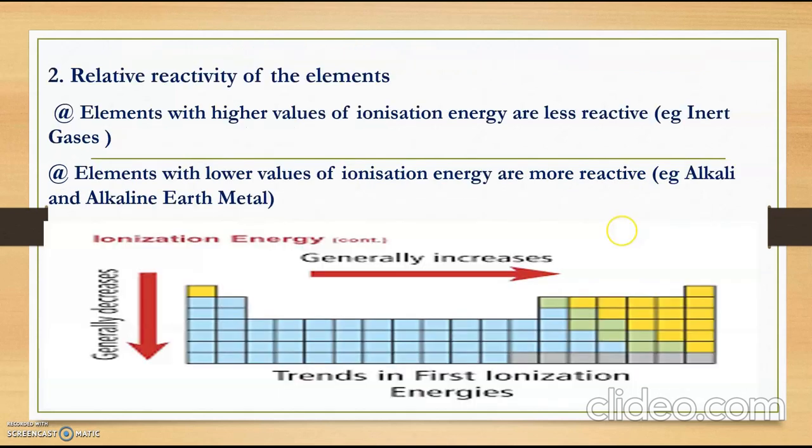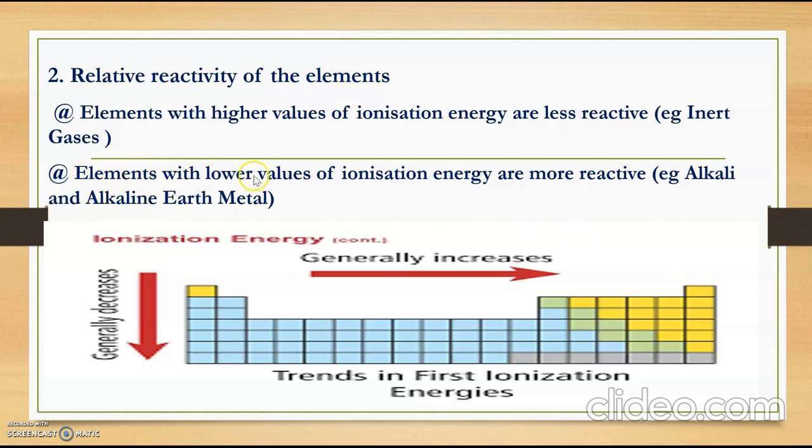The next property is the relative reactivity of elements. The elements with higher values of ionization energy are less reactive. For example, inert gases, that is last group gases or 18th group elements, are less reactive due to high value of ionization energy.